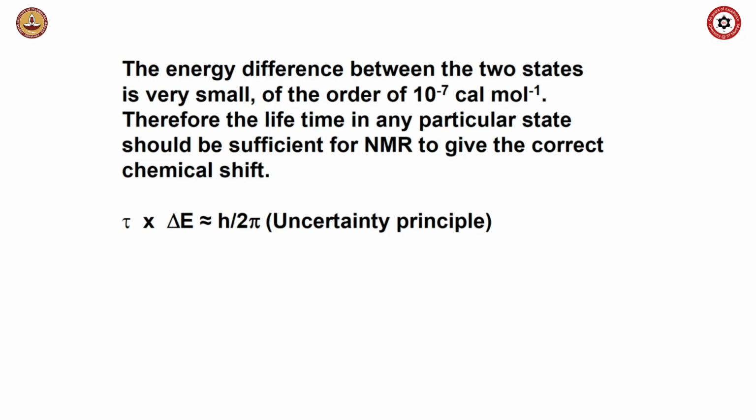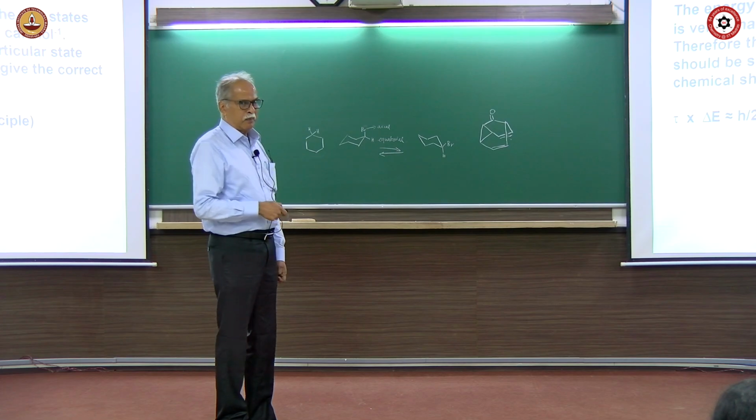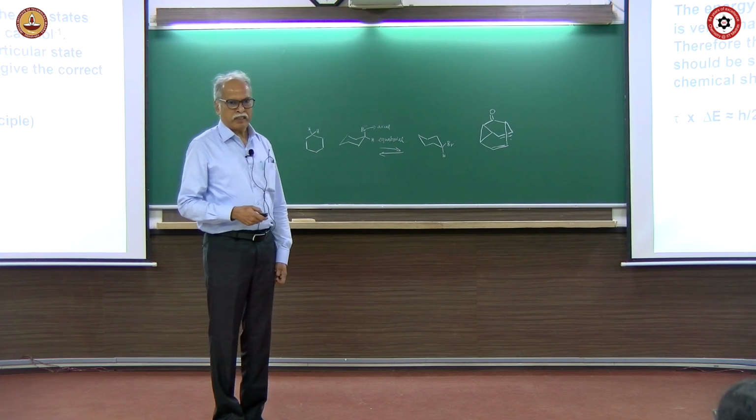This is the uncertainty principle relating the lifetime and the energy gap between the two states. If the lifetime is finite, then you will have a delta E which is going to be lower, and hence the uncertainty principle applies to NMR spectroscopy in this format, not in the normal format of momentum versus position.